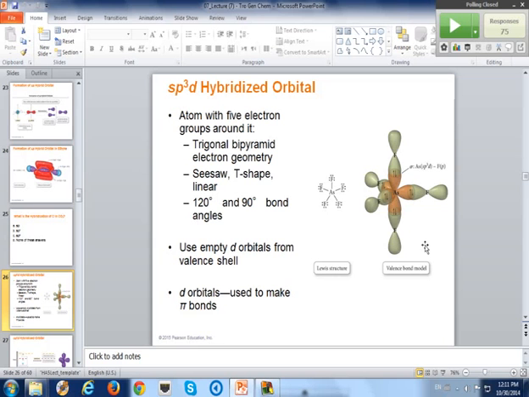Orbitals that are very different in energies don't tend to blend to form hybrid orbitals.